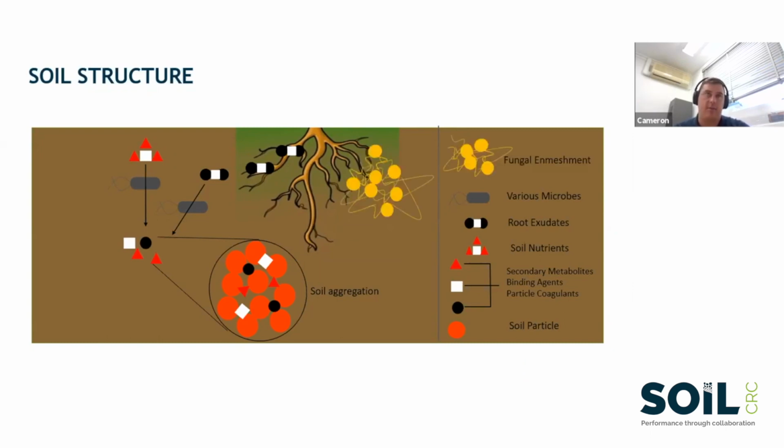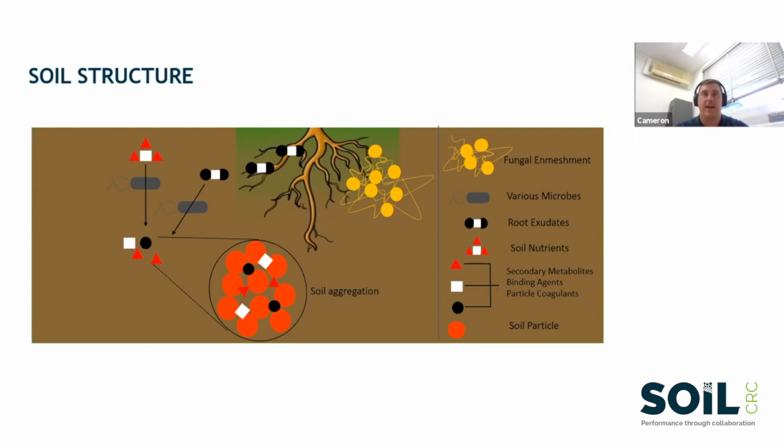Another way that soil structure is affected by microbes is through fungal enmeshment. So you've heard of hyphal networks, but fungi don't necessarily have to form these long linear lines. Sometimes they form like a mesh, like a gauze mat. Basically, what they're trying to do is increase the surface area to volume ratio of the plant root. So they'll tap into that plant root and spread themselves out as thick and as wide as they can.